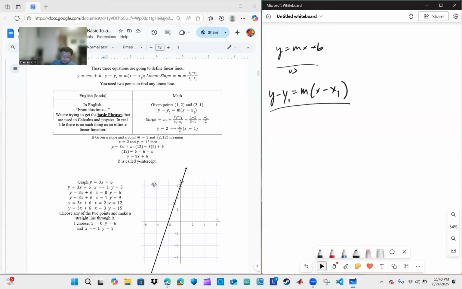Basically, y equals mx minus mx1 plus y1. So you can see b equals negative m x1 plus y1.